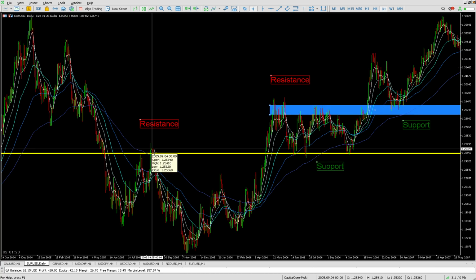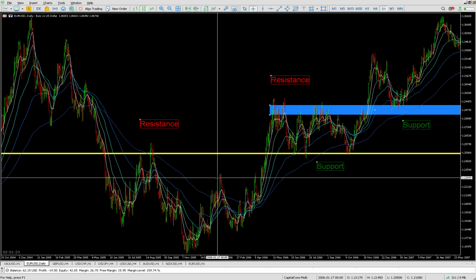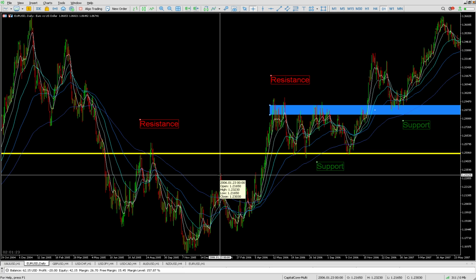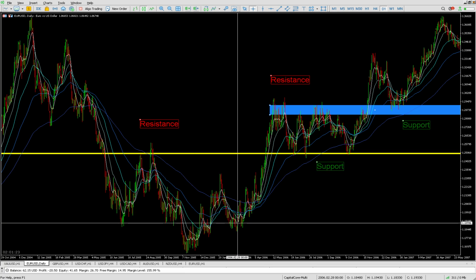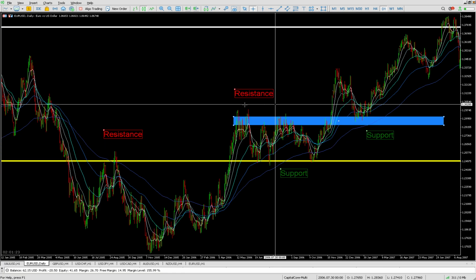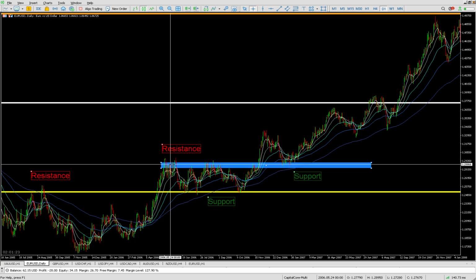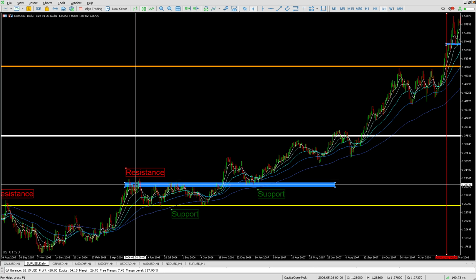Had lower highs here, lower low here, and then when we had this break of structure here, and then we had this higher low here, then we had a break of structure here. That's when the new uptrend, or the resumption of the uptrend happened.